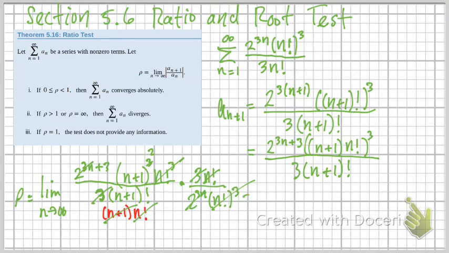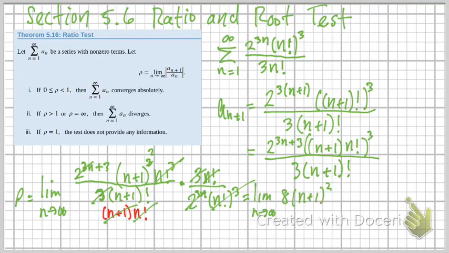So then let's just see what we're left with. So this is going to be the limit as n goes to infinity, and it looks like we have a 2 to the 3rd left from this piece here, which is going to give me an 8. And then it looks like the rest of what we have is just n plus 1 squared.